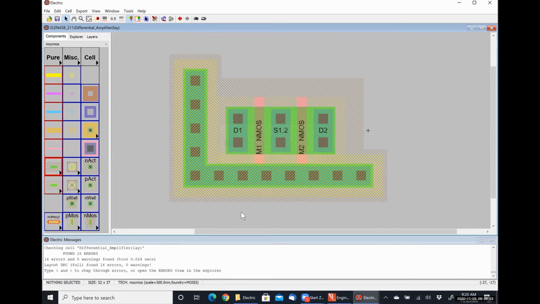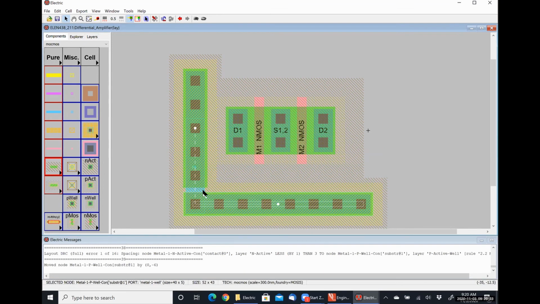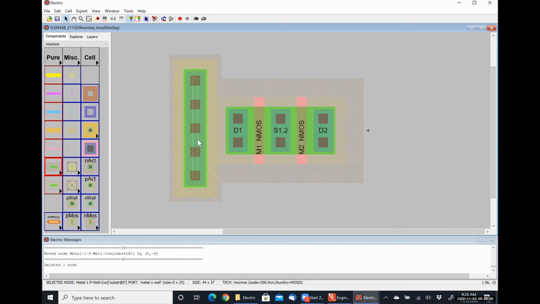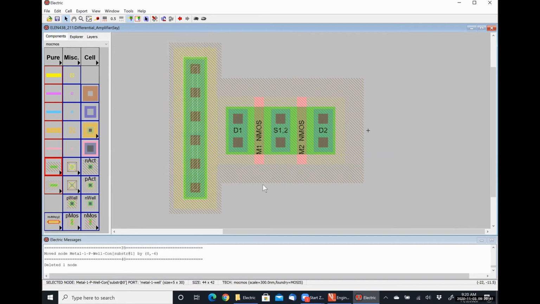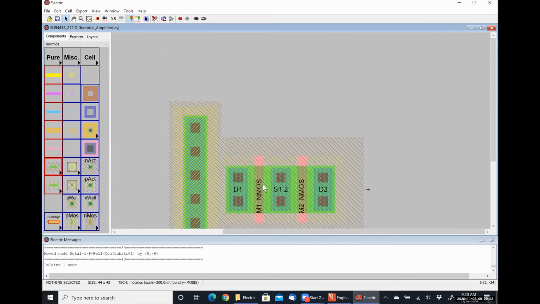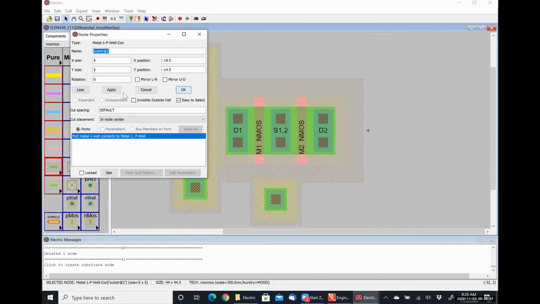Lots of errors. So those connections are too close. So I'm going to make this guy 30. Just iteratively playing with stuff to avoid getting errors. My X size is 40.